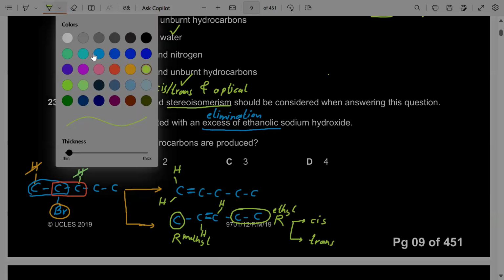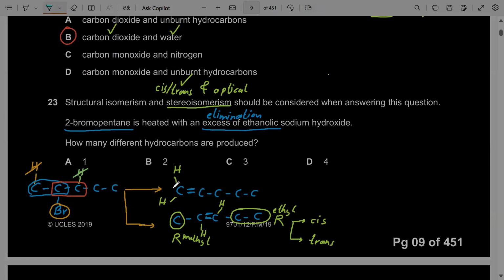So in total, how many isomers will be there? First, this will be the one isomer, and this compound having a double bond between these two carbons is considered to be second, but at the same time, this second could either be cis or trans, one of these two, which means I can assign two to this cis or two to this, but I have to assign one at a time.